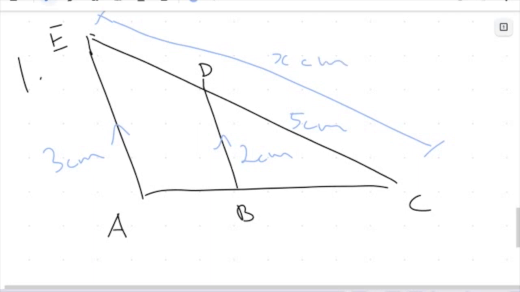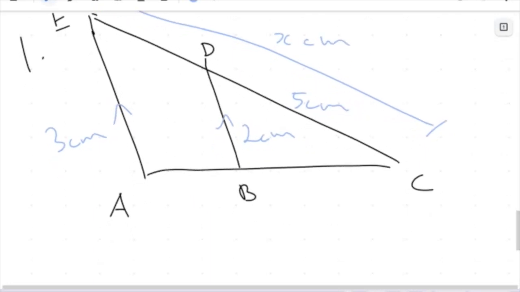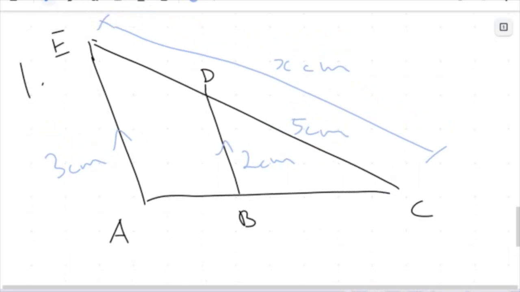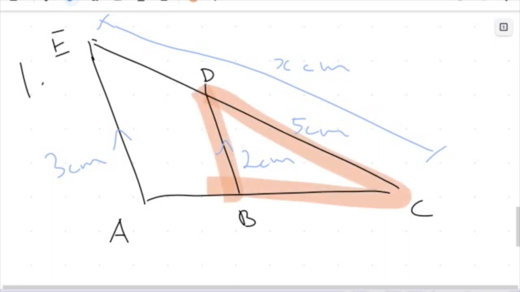I want to explain why the two triangles are similar. So, what are the two triangles we have here? Well, we have this one and this one up here. So, I'm looking at two separate triangles.